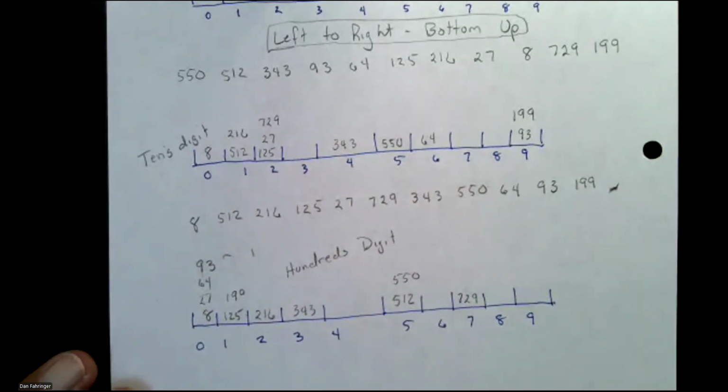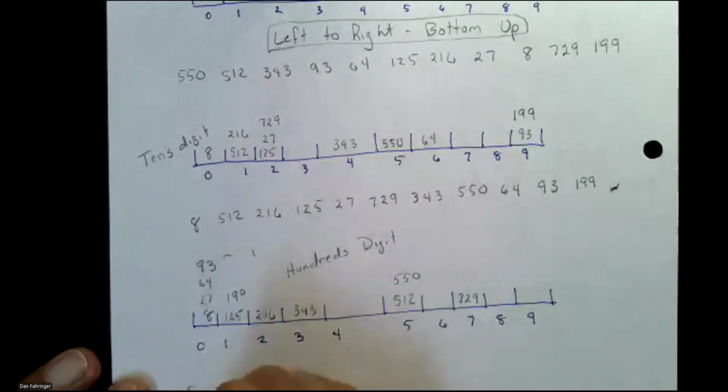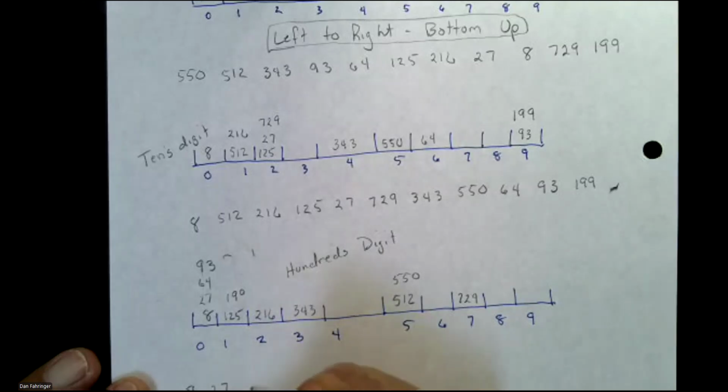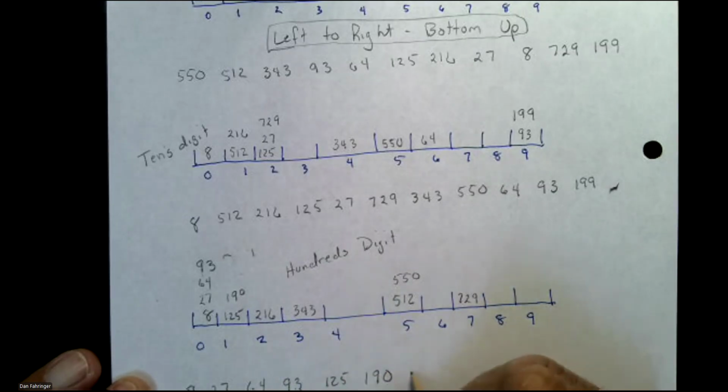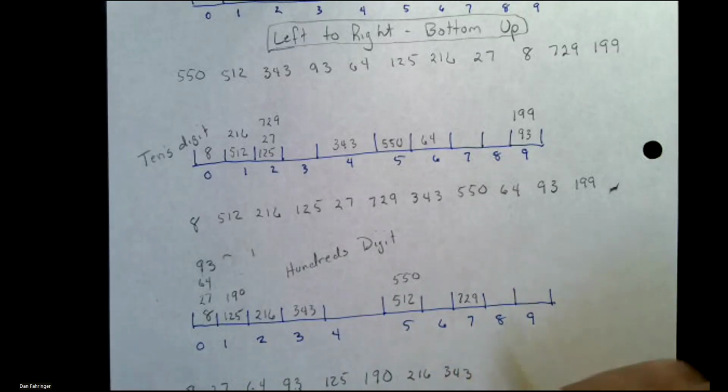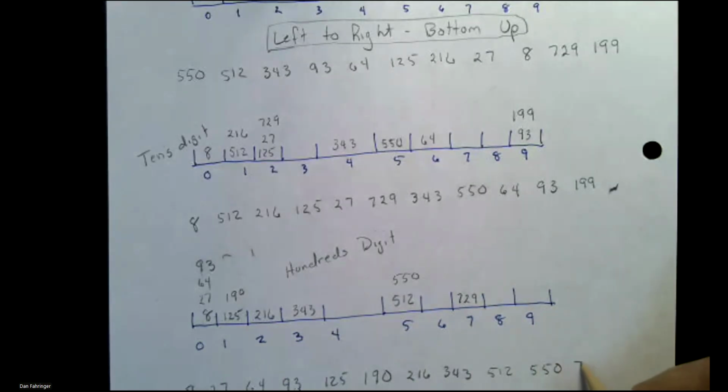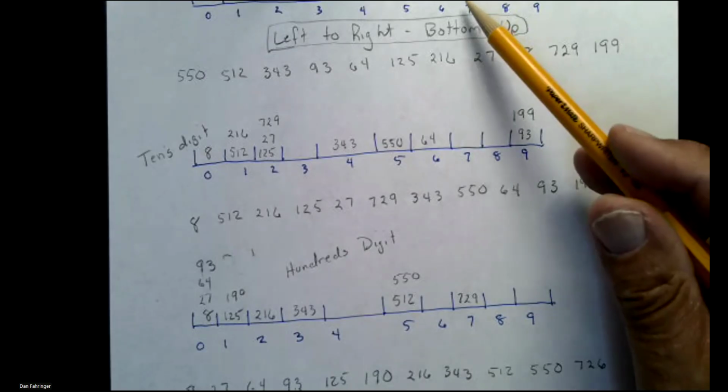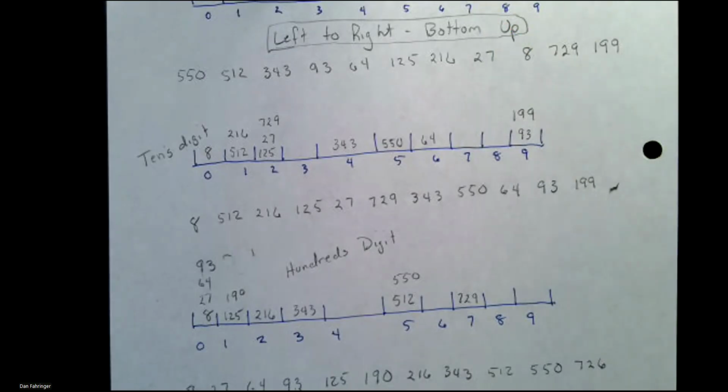Left to right, bottoms up. 8, 27, 64, 93, 125, 199, 216, 343, 512, 550, 729, and somewhere along the line we lost a number. Yeah, we lost that 666 in there somewhere. Don't worry about it.